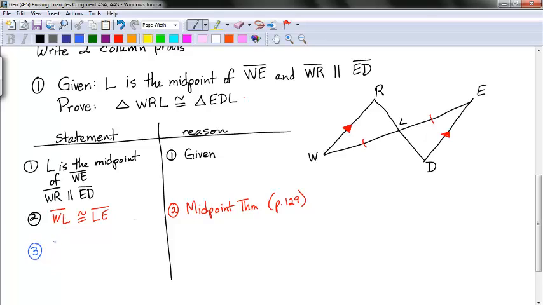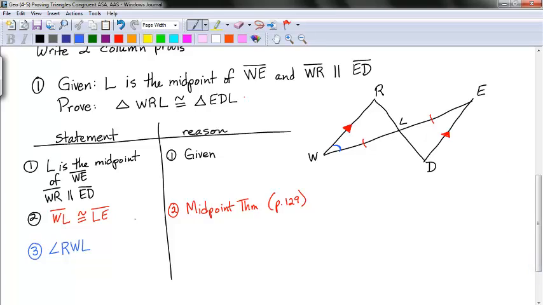You don't know that L is the midpoint of RD. But we can get angles. We got some angles. I'm going to do angle RWL. This angle right here, RWL, is congruent to which one?